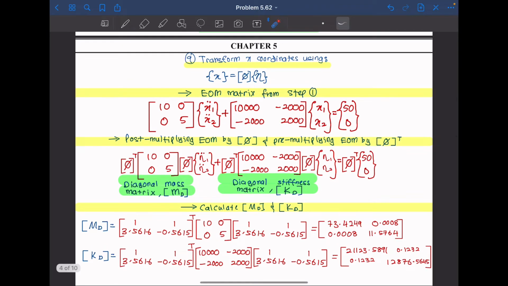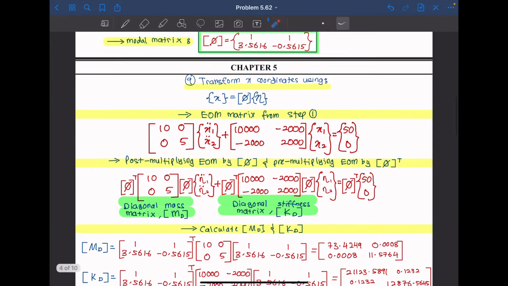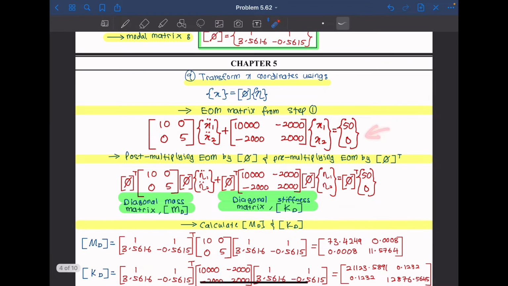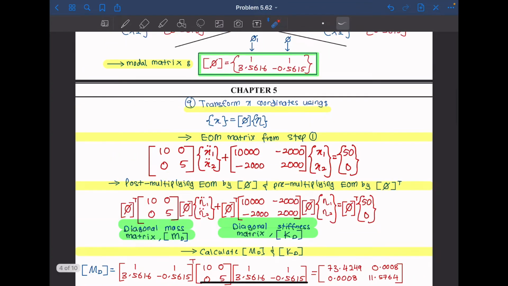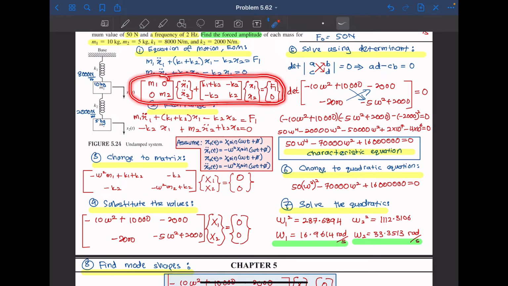So using your EOM matrix just now from the first step, if you're wondering how I get this, I'm going to show you back. This is from the first step. See here, our EOM matrix. This is your mass matrix, this is your stiffness matrix. It's just that I didn't substitute the values yet here.